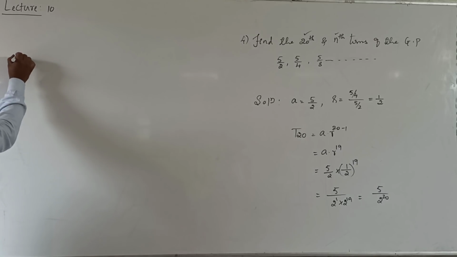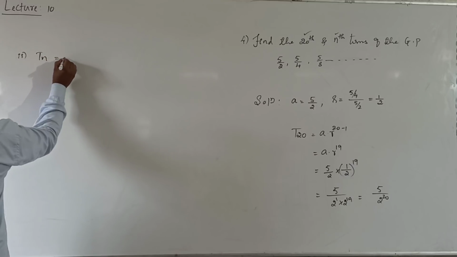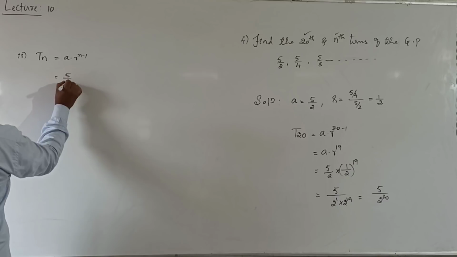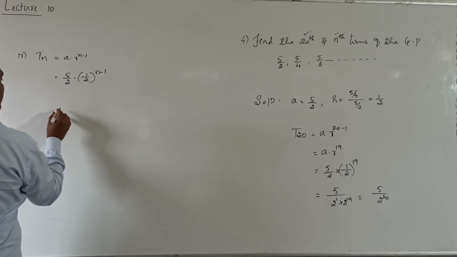Now, as in the second problem, nth term Tn is equal to a into r power n minus 1. A value is 5 by 2 into r value 1 by 2 whole thing power n minus 1.